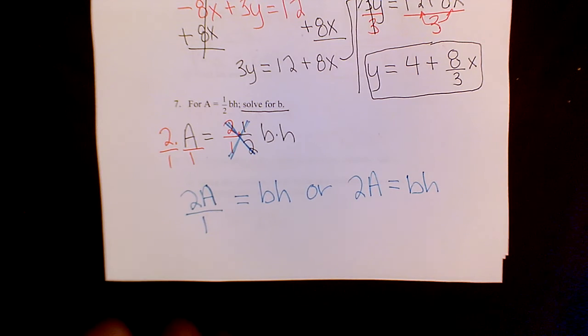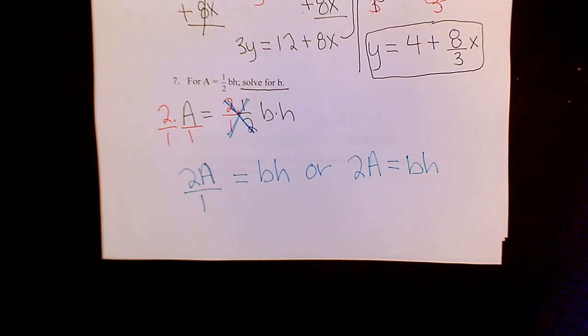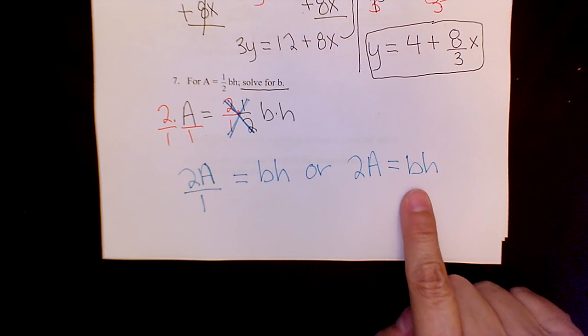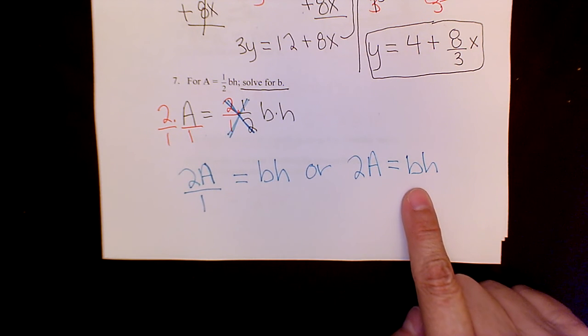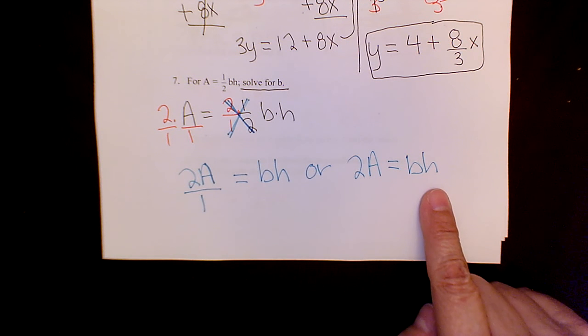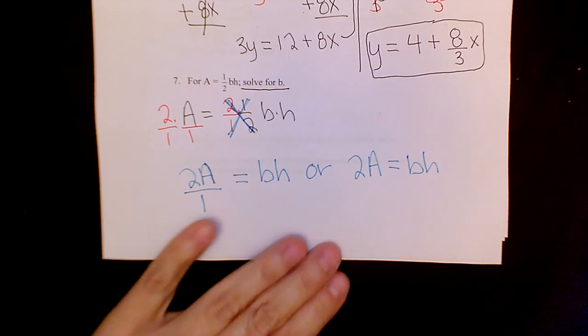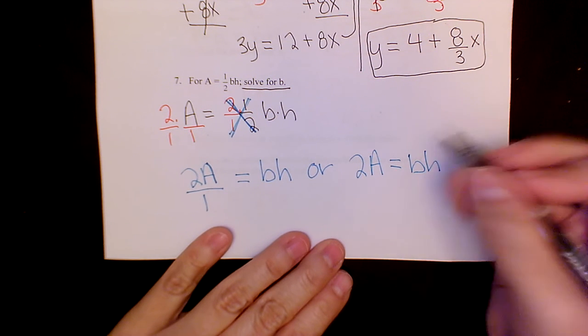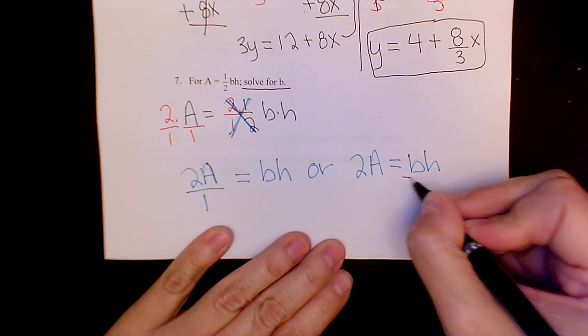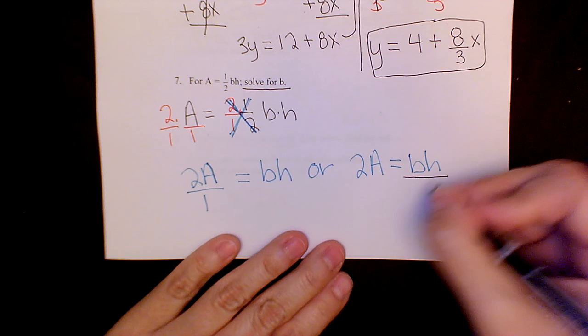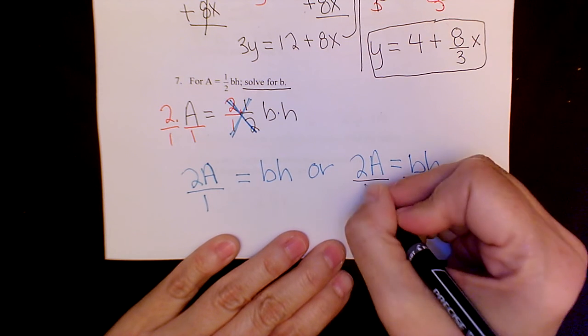So 2a equals BH. I'm solving for b. Is b alone yet? No, I still have an h there. He's being multiplied by the h. So how do I get rid of that h? How do I undo that multiplication? What's the opposite of multiplication? I'm going to divide both sides by h.